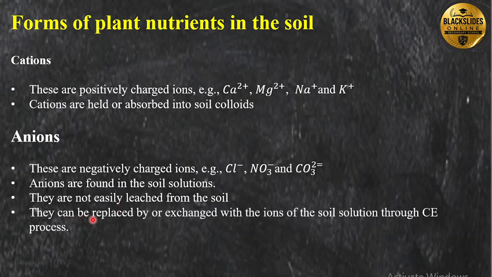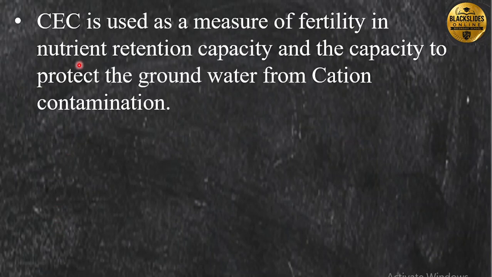So they can be replaced by or exchanged with anions of the soil solution through cation exchange process, meaning that the place of the anions on a soil sample can be replaced by the positive ions through a process called the cation exchange process.